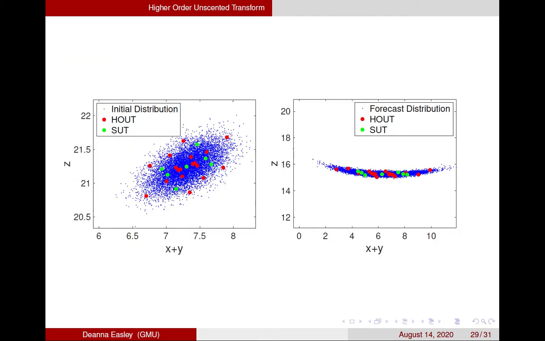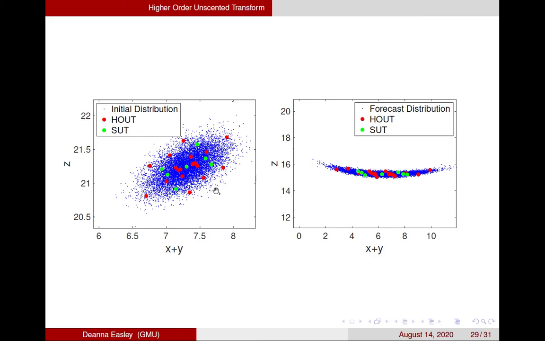Now remember this from the beginning when we were talking about summarizing distributions for forecasting problems? These green points right here are actually the sigma points for the unscented transform versus the sigma points for our transform, which are in red.